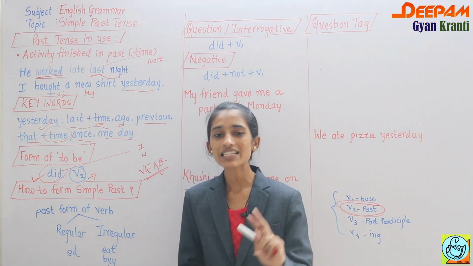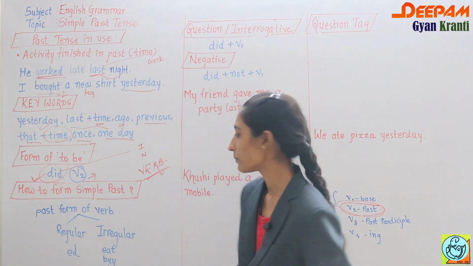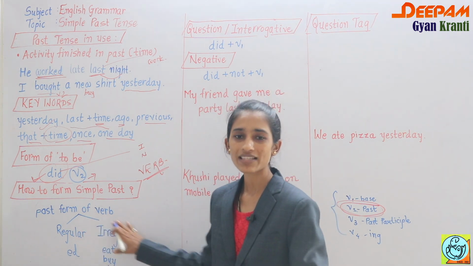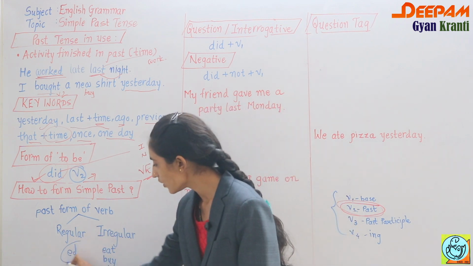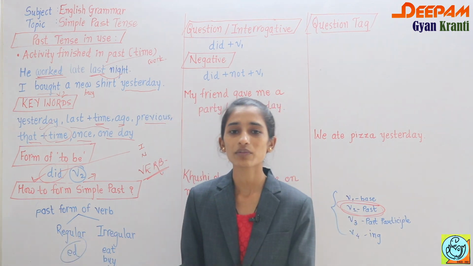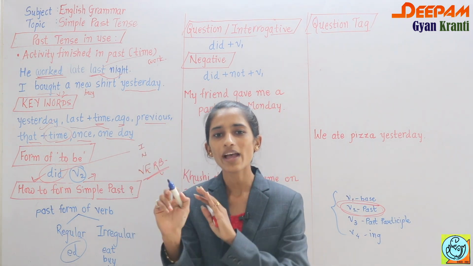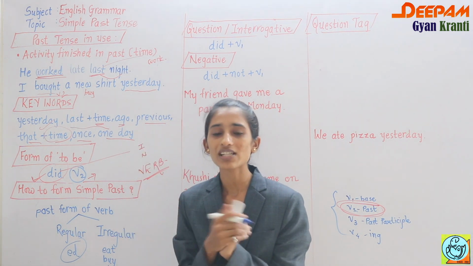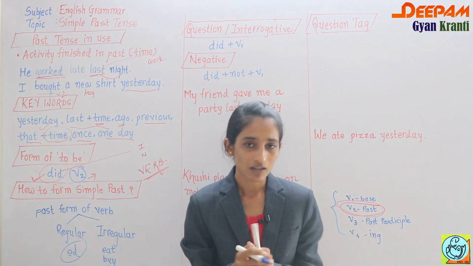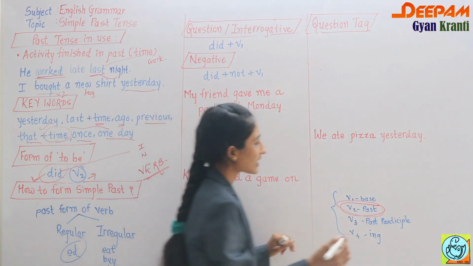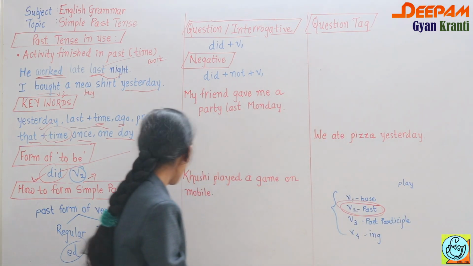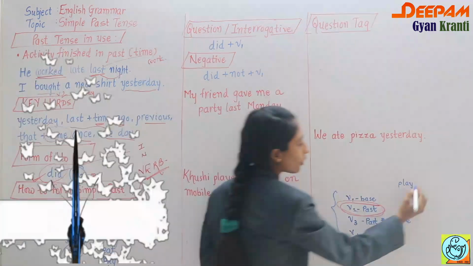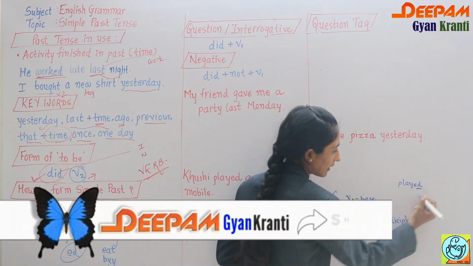In English we have two kinds of verb: regular verb and irregular verb. If your verb is regular, then you simply add ed and your verb will change into the past form. For example, I have play. Play is a regular verb, so you only add ed: played.